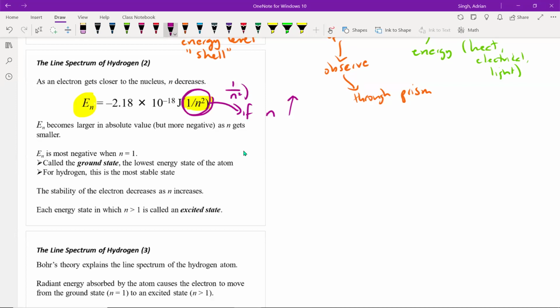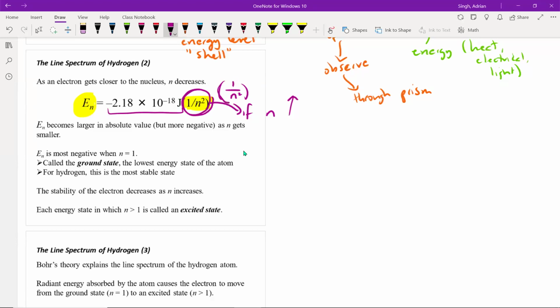If n becomes a bigger number, 1 over a huge number becomes a small number. So this value becomes very small. You have this number in front that is not going to change.